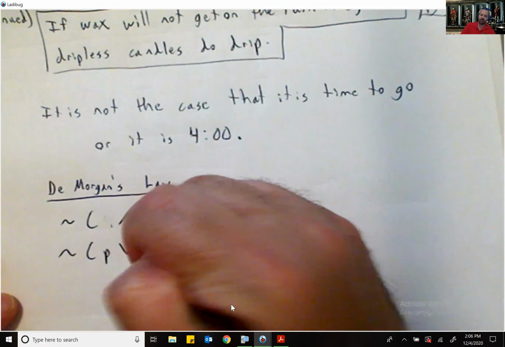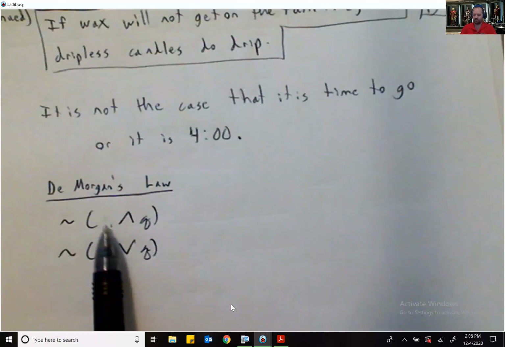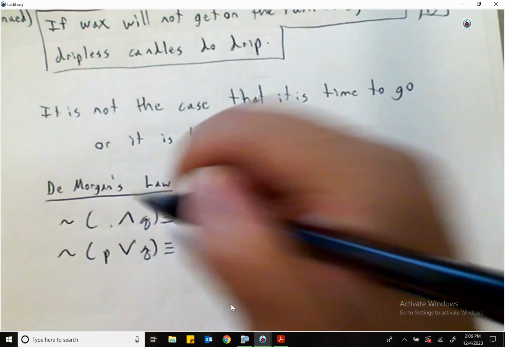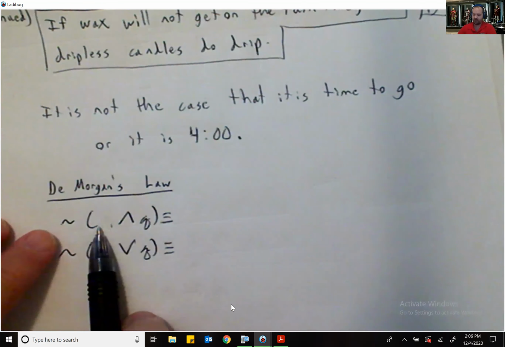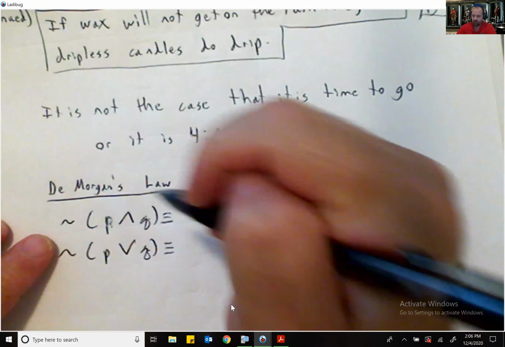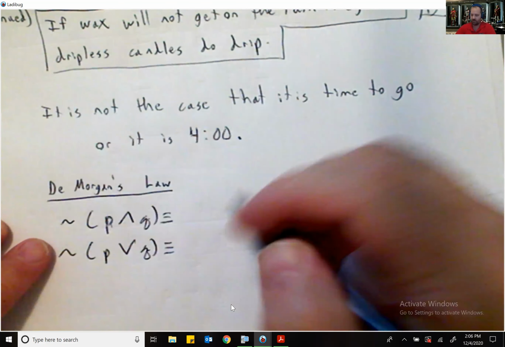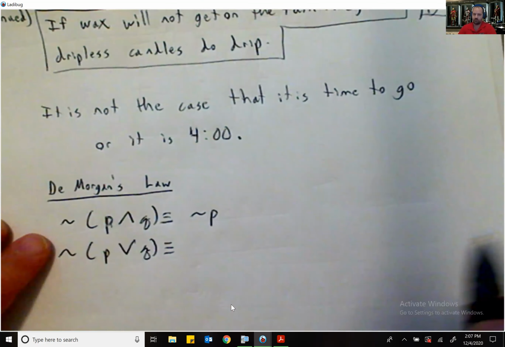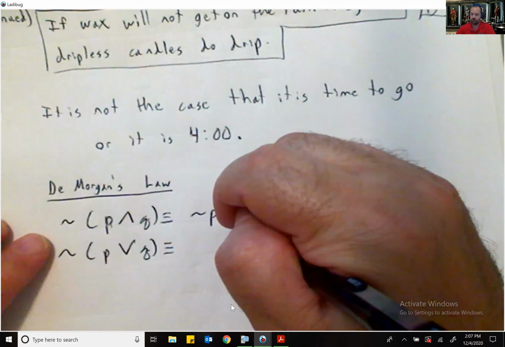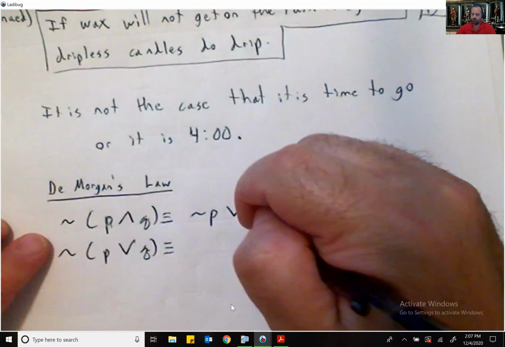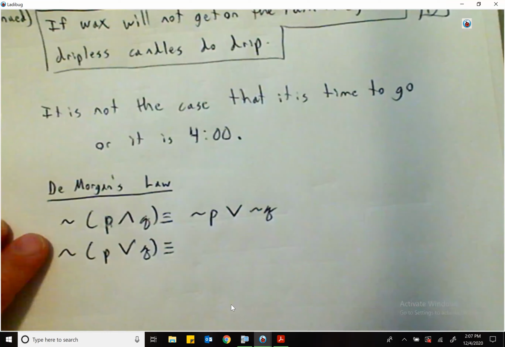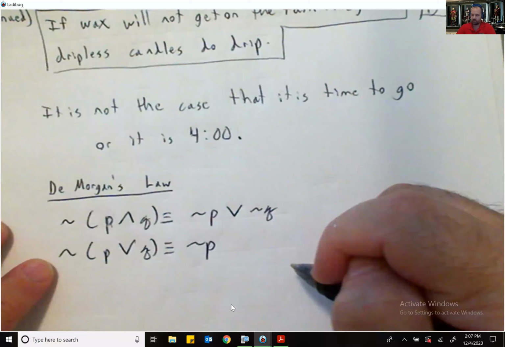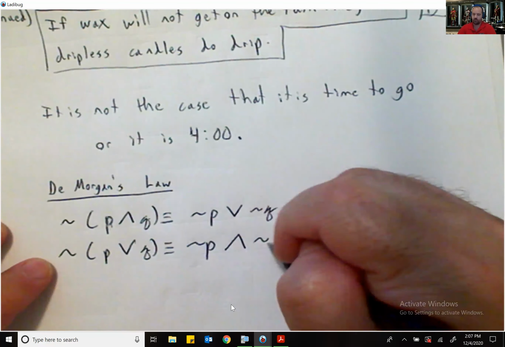De Morgan's law is kind of like distributing the negation through to each one of these sentences. That's a symbol for equivalent. So if I distribute the negation through to the P, that's going to be negate P. What's the negation going to do to the and? It's going to flip it, turn it into an or. And then the negation goes to the Q. If it's an or, it will be negate P, turn it into an and, negate Q.